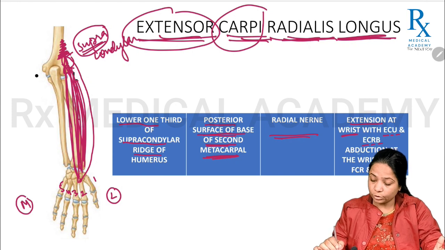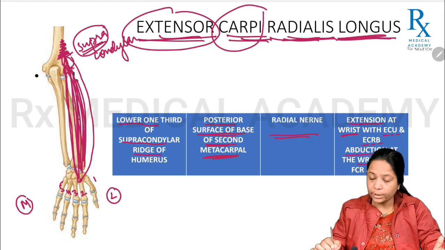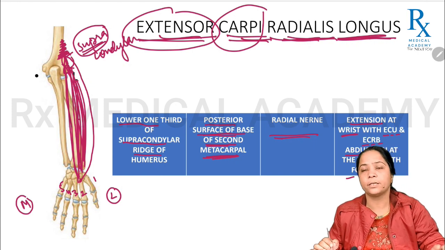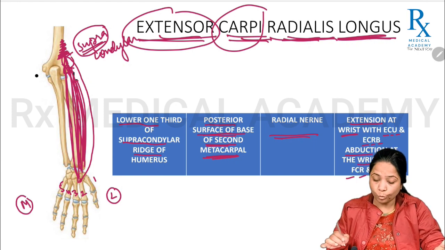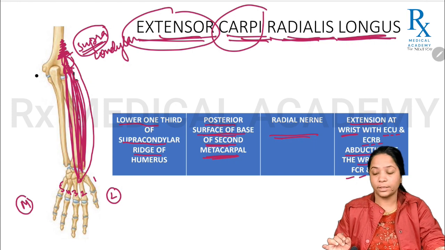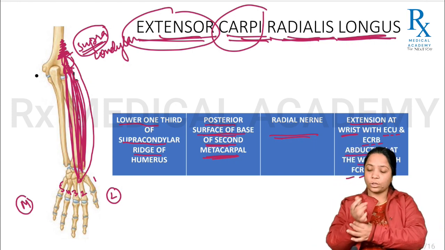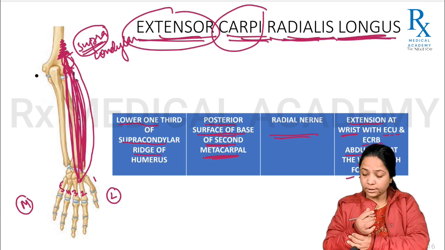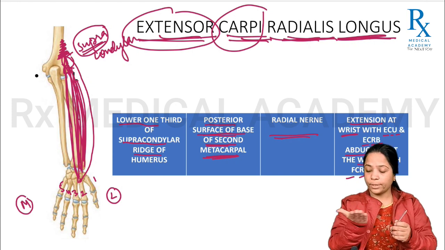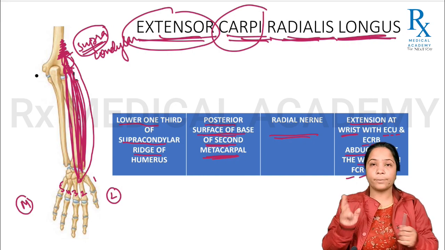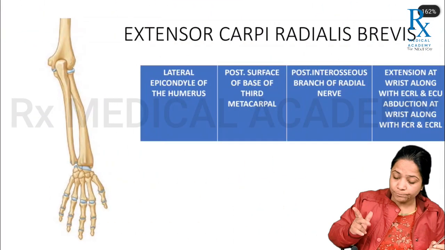It also produces abduction at the wrist joint with the help of flexor carpi radialis and extensor carpi radialis brevis. So there are 2 functions of this muscle, extensor carpi radialis longus. The prime or main function is to produce extension at the wrist joint. Besides this, it also produces abduction of the wrist, along with the flexor carpi radialis and extensor carpi radialis brevis muscle.